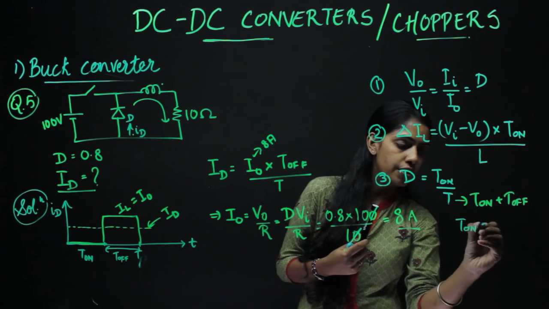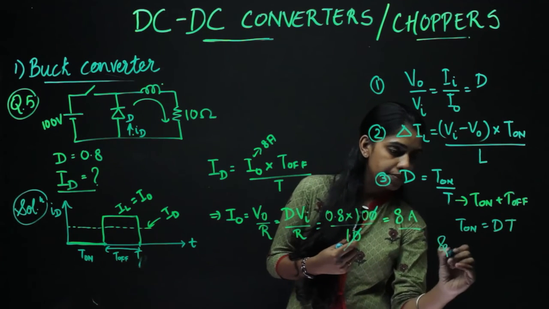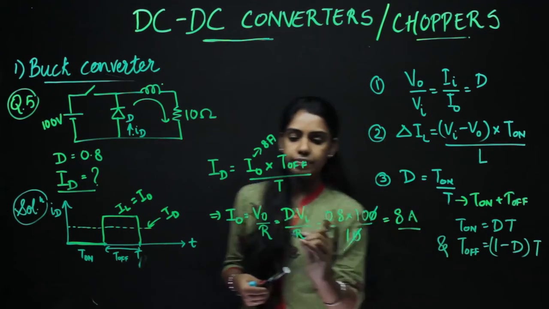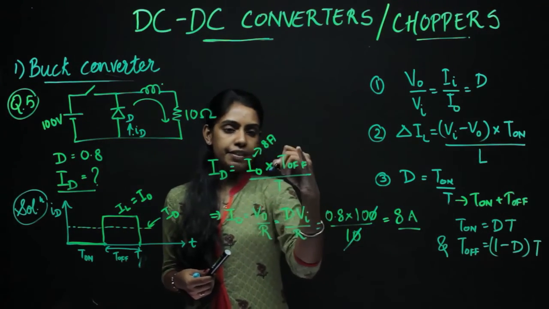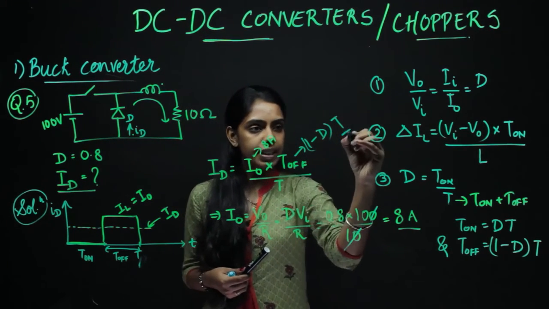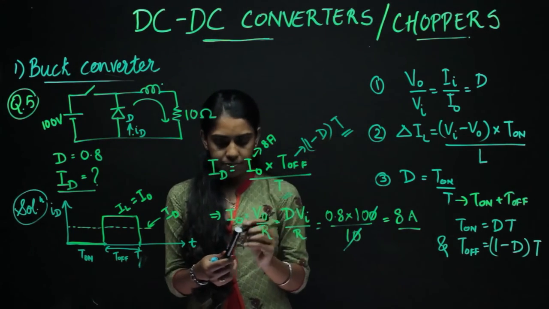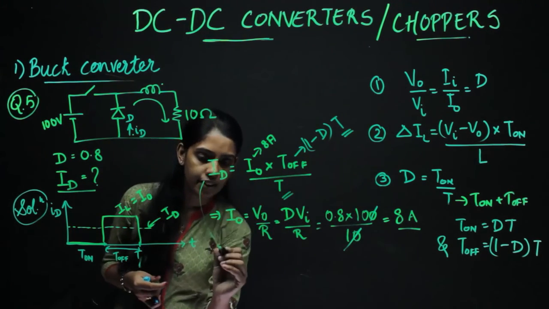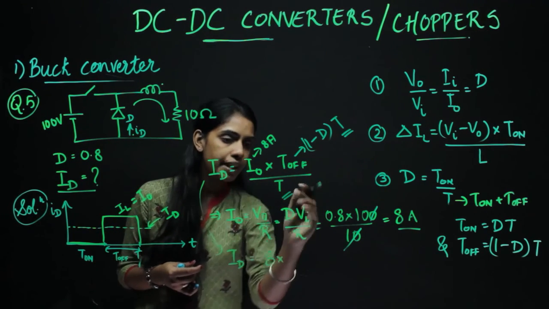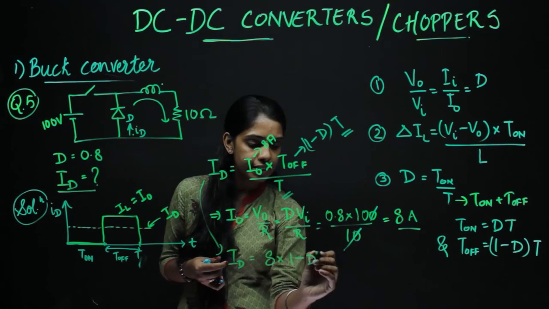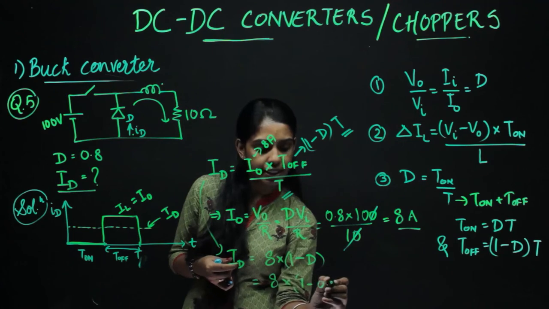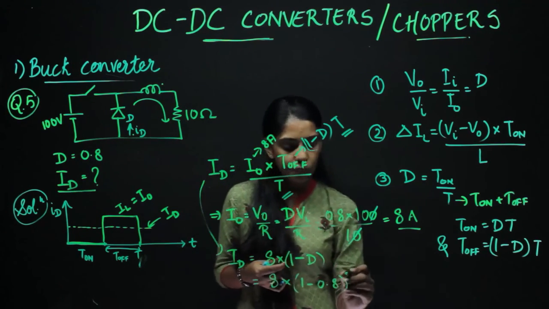So we could get T on is equal to D into T and T off is equal to 1 minus D into T. When we substitute here, this is 1 minus D into T. So this T and this T get cancelled off and we get ID is equal to I naught, which is 8, multiplied by 1 minus D, which is equal to 8 into 1 minus 0.8. 1 minus 0.8 is 0.2.